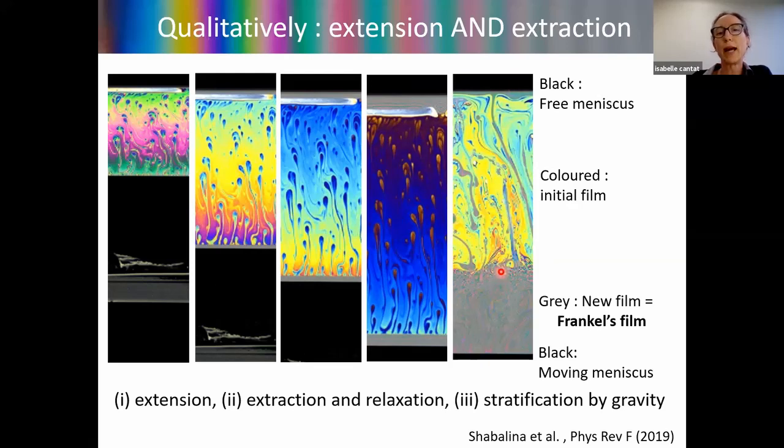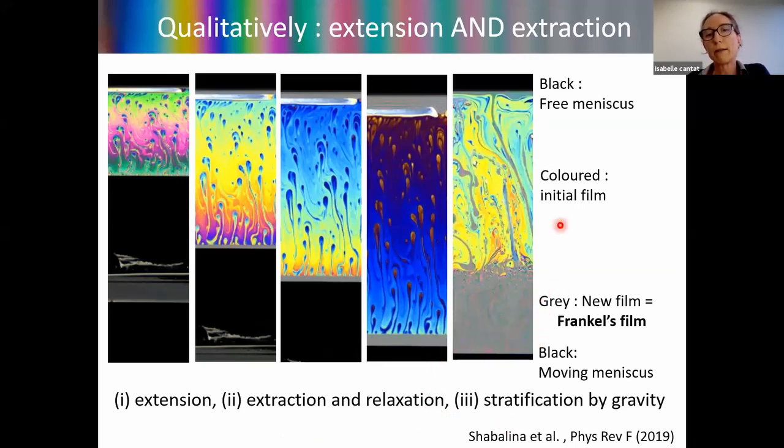Here you see the size of the initial film is much smaller than at this stage, and the film relaxes to the color it had a long time ago, and almost the same size and same color. So the answer to my first question is that when you stretch a film, you first extend it, and then you begin to extract new film from the meniscus all around, and it relaxes the initial film.